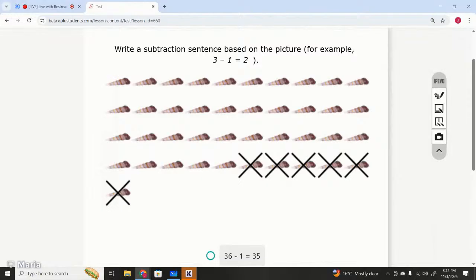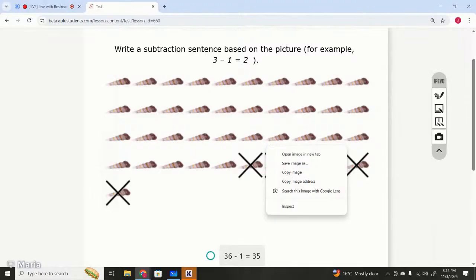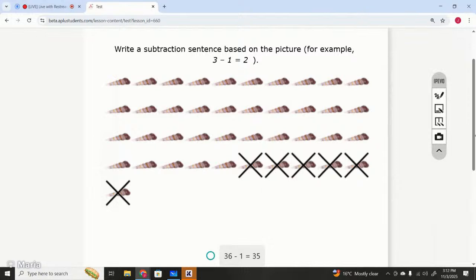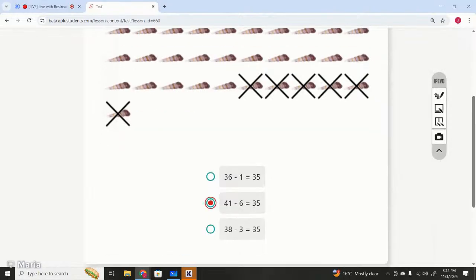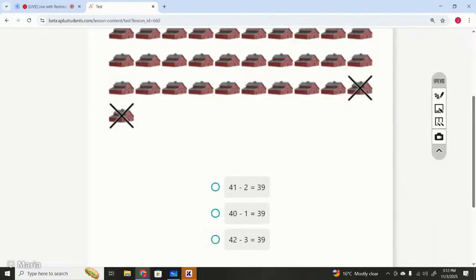Next, write a subtraction sentence based on the picture. 10, 20, 30, 40. That is 41 take away 6.